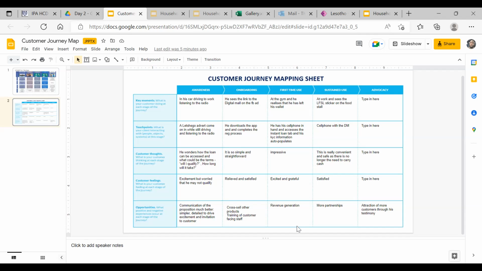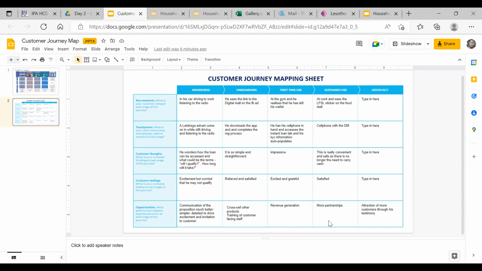They go into the mall again, and they now have credit available in terms of funds, and they offer to pay for their meals using the available credit on their account. When that gets accepted, they're thinking this is really convenient and safe, as there's no need to carry cash anymore. They're satisfied, and for us, it presents even more opportunities for partnerships with other vendors, service providers, and even other fintechs.